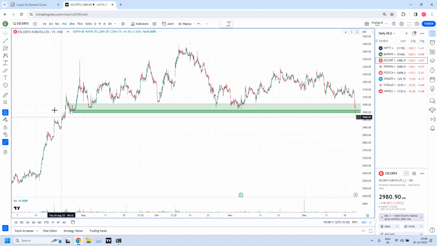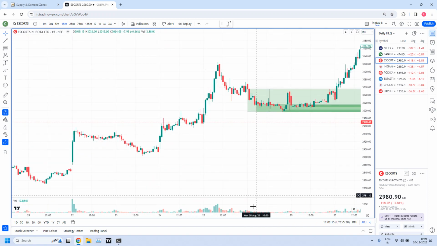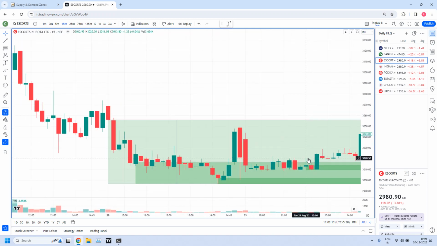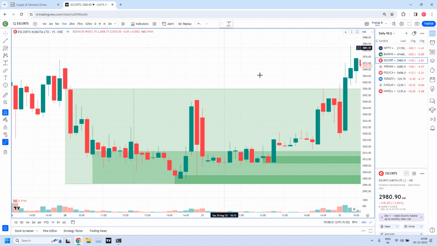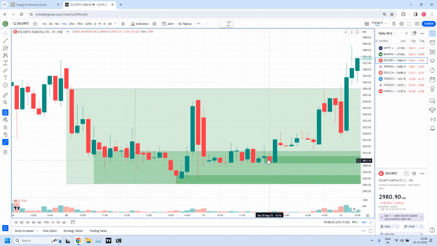Inside that identified 75 minutes area, we have identified two zones. This is one zone because this is looking like an ERC candle for me.